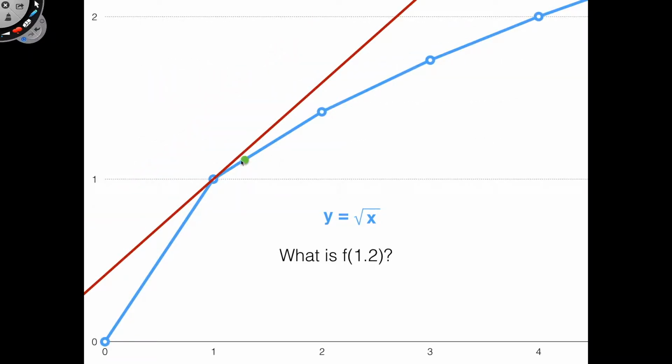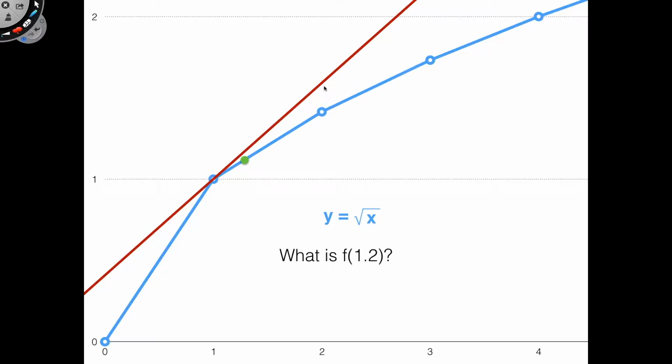Now, if we zoom in close, you can see that the tangent line goes awfully close to f of 1.2, right? The tangent line is going really, really close over there. So that's why we can use this tangent line as an approximation of f of 1.2. And also keep in mind, this is only true for points close to x equals 1, right? If we wanted to get a point, say, like x equals 3.7, then we need to use a tangent line to a different point in the graph.